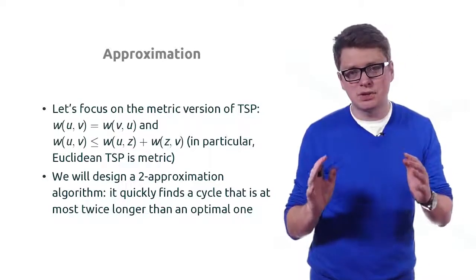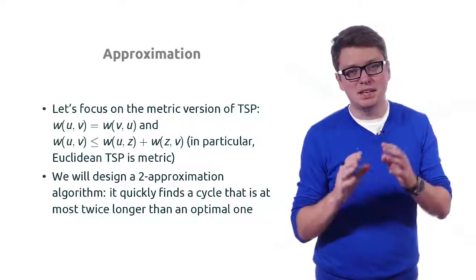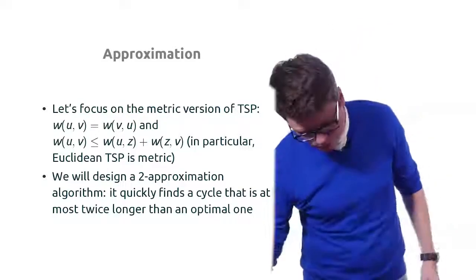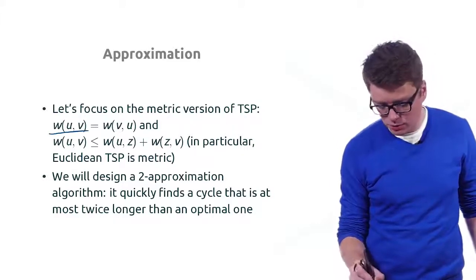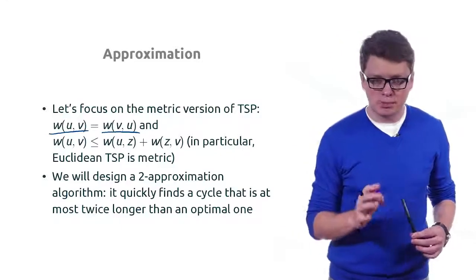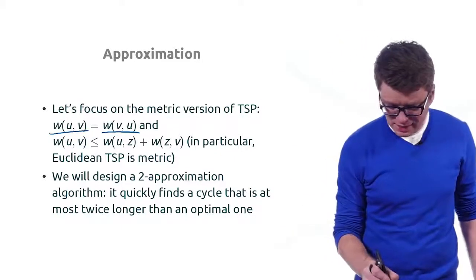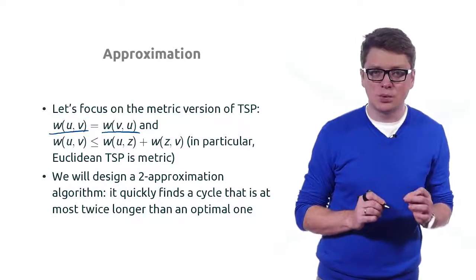So in this case, first of all, the graph is undirected, or the graph is symmetric, meaning that for any two vertices, for any two nodes, we have that the weight of the edge uv is equal to the weight of the edge vu. Okay, and also what is probably more important is that all the weights should satisfy the triangle inequality.